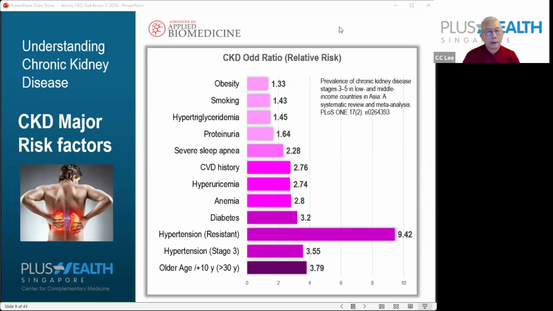Let's look at the major risk factors of CKD, right? Here in this table, you can see that older age is, in fact, one of the major risk factors for CKD.